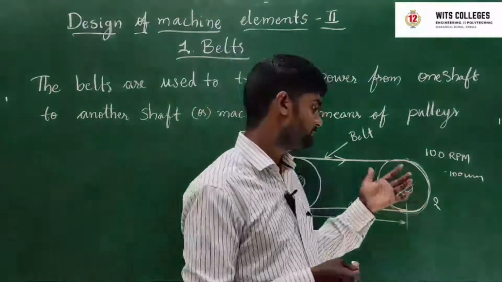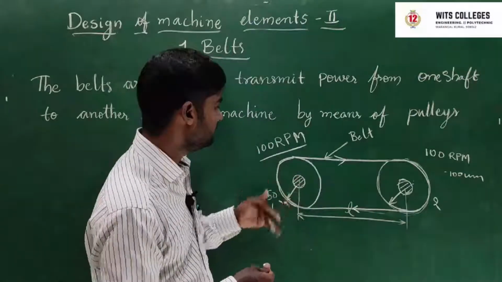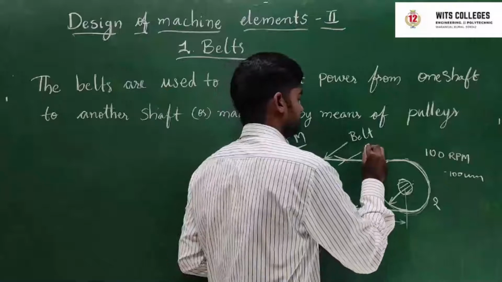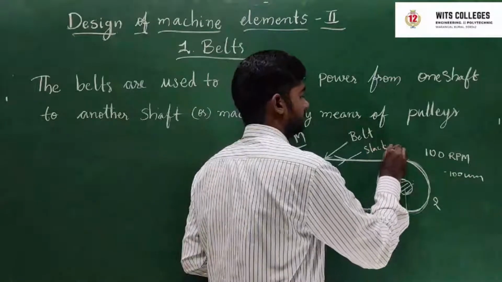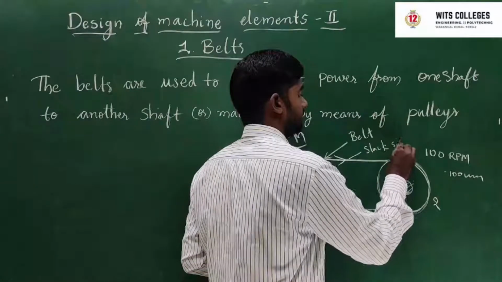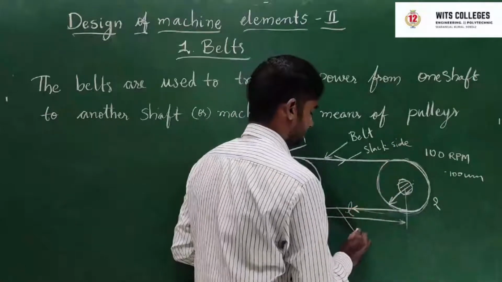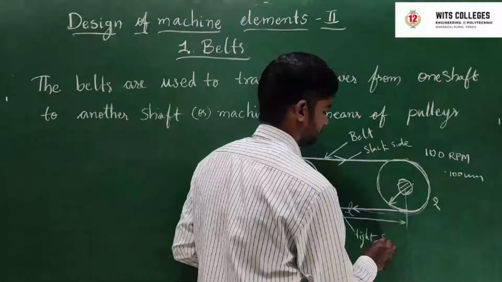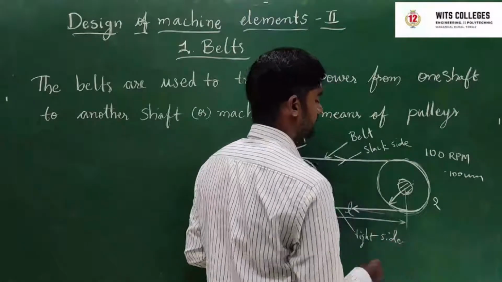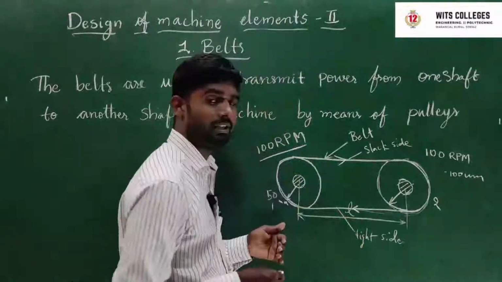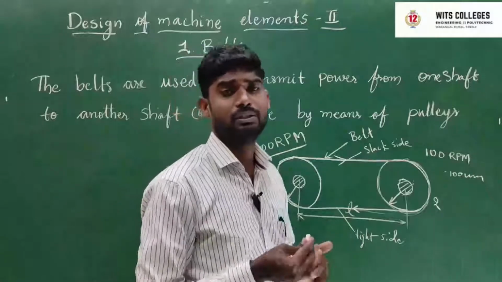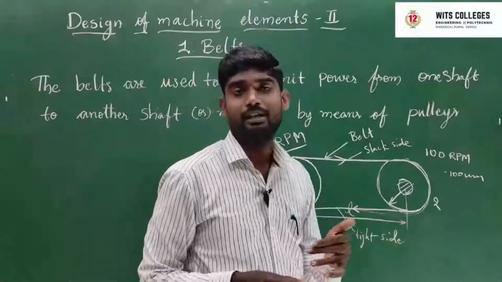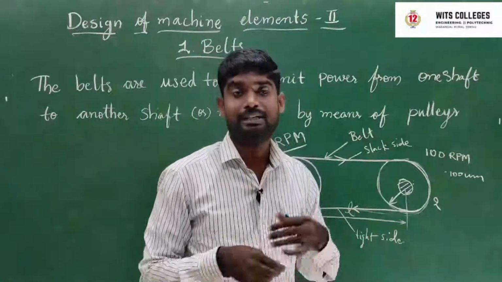This is the slack side and this is the tight side. Belt drives are also divided into two types: open belts and closed belts.